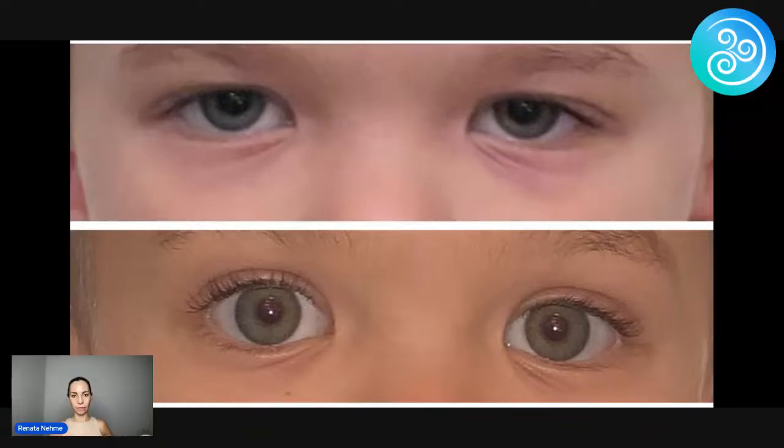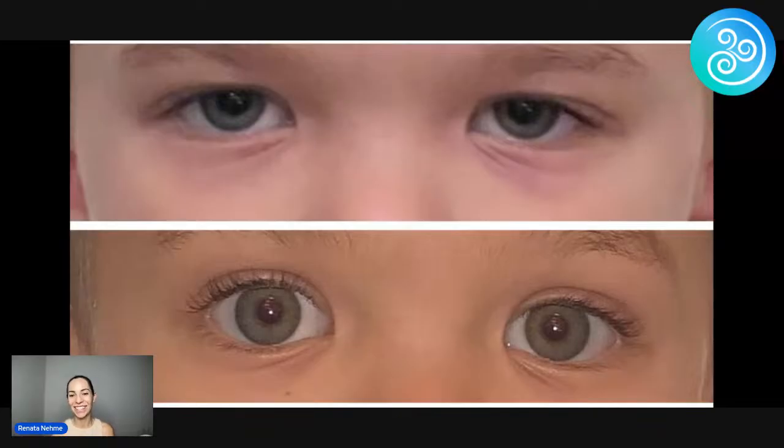But usually the reason why the head is down is because the tongue is heavy and the tongue is not in the right position. If the tongue is not lightly suctioned to the roof of the mouth, the head is going to be low automatically. As soon as you get the tongue to go to the top of the mouth, the patient does this. So a lot of times we notice that white sclera improve.